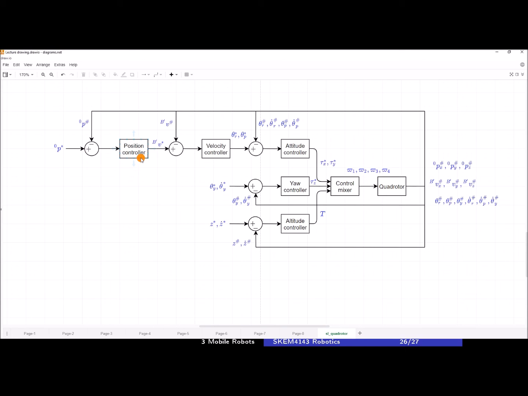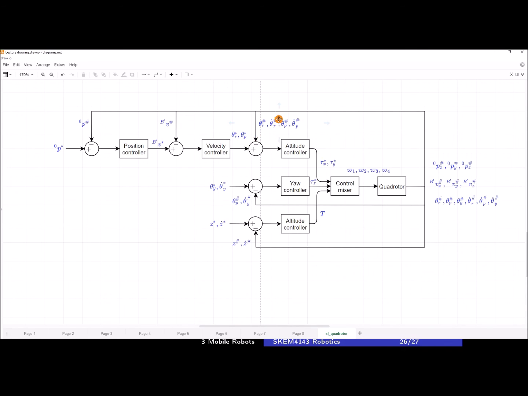The position controller will generate desired velocity with respect to the B prime coordinate frame. This will be compared to the actual velocity with respect to the B prime frame. It goes to the velocity controller, which generates our desired roll and pitch angle.